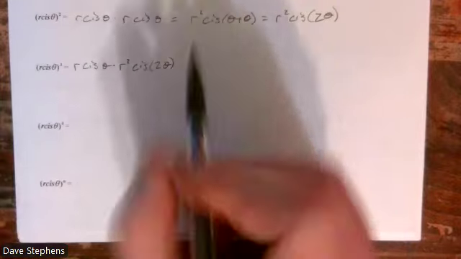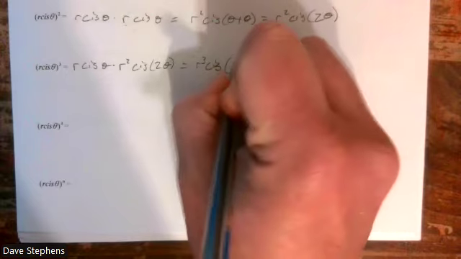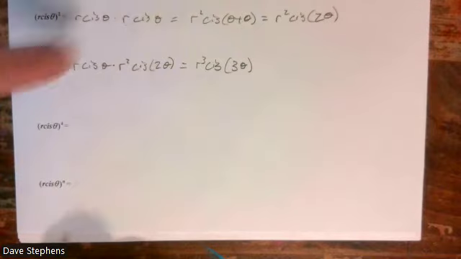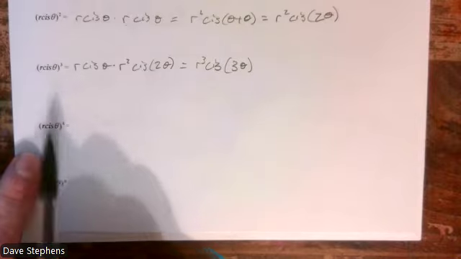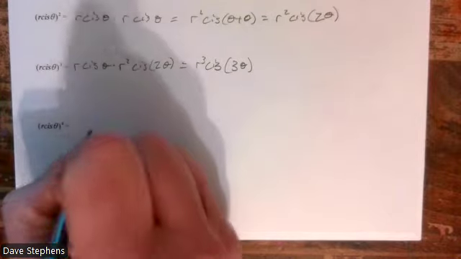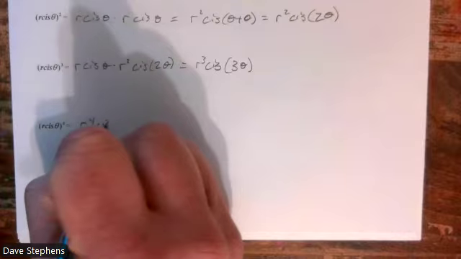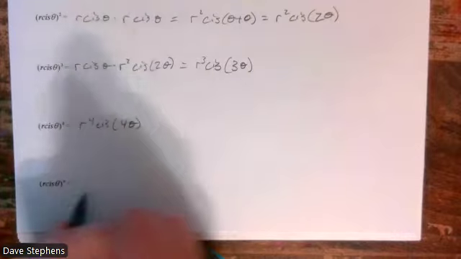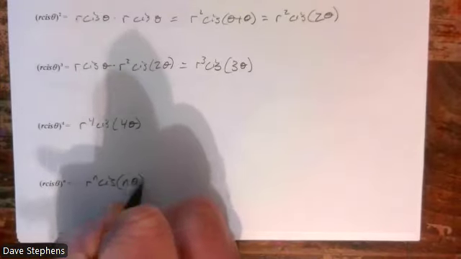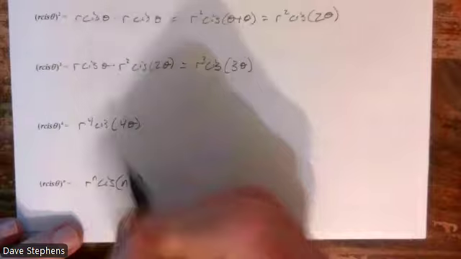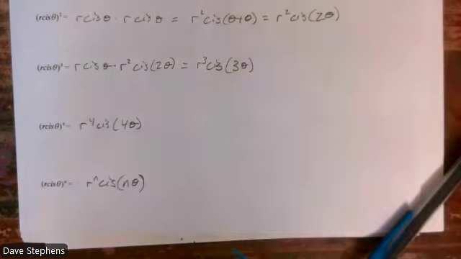So we would end up with r cubed cis 3 theta. I can see a little pattern here. The pattern is we get r to the fourth cis 4 theta, which gives us r to the n cis n theta. We saw the pattern develop pretty quickly, at least I did, and I hope you do too.